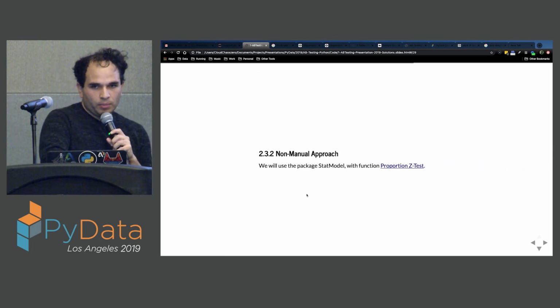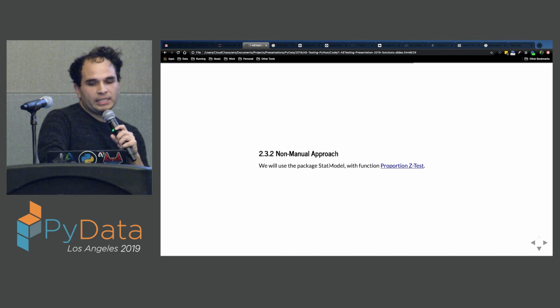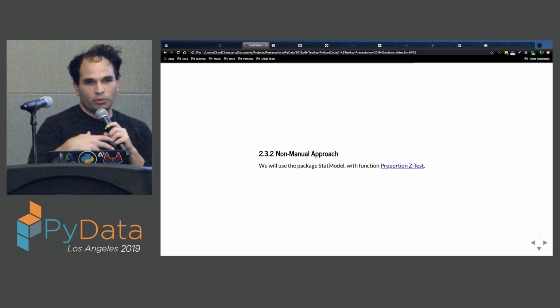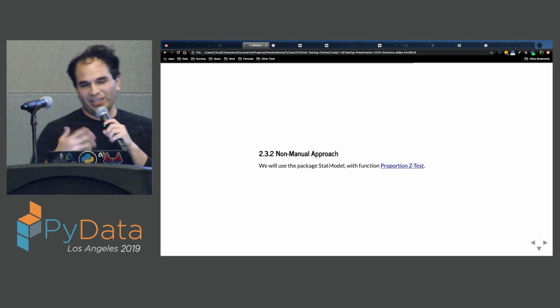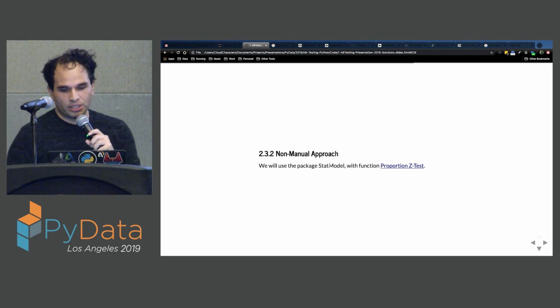And there are some comments on that conclusion, but very quickly, there's a non-manual approach to calculating your test statistic, which in this case will utilize the statsmodels library and the proportion z-test function. And as I mentioned previously, there is proprietary software that enables you to do online experimentation without the need of going through this low-level abstraction.